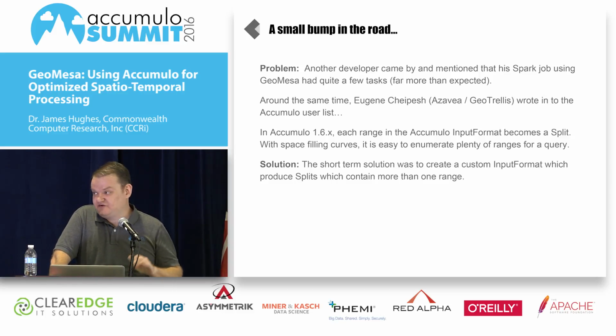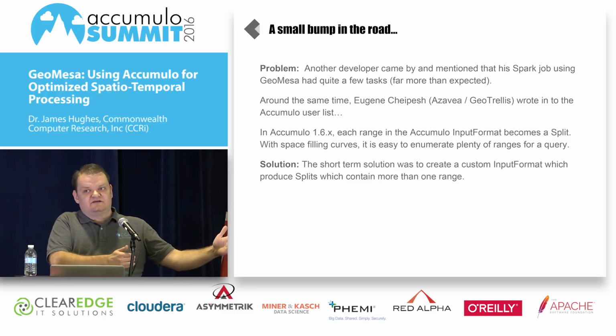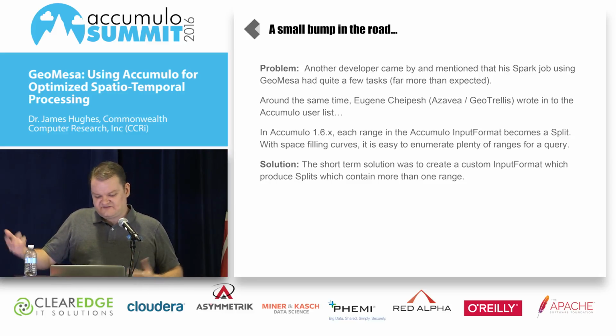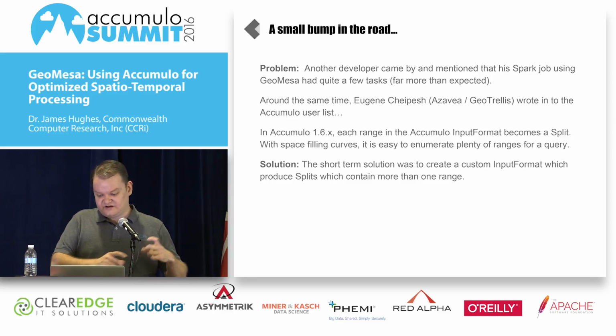And it turns out that in Accumulo 1.6, every range that you set up in a query plan actually becomes a MapReduce split, and then those become Spark tasks. So that's just one of the things that we've had a chance to understand a little bit better, and we've written input formats that try to help pull some of that back together by tablet server.